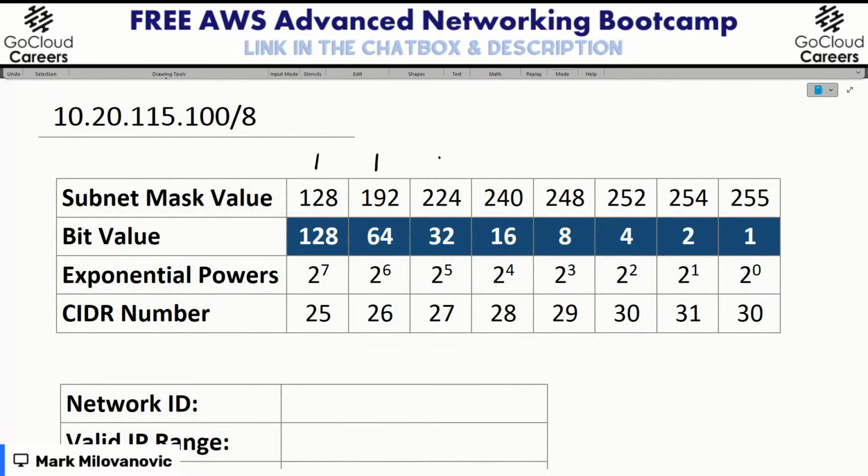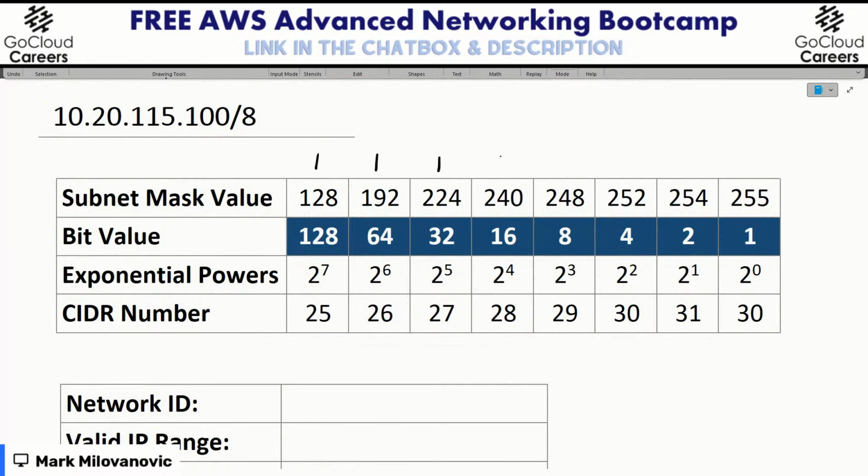Then I want to turn on the next bit. And if you notice, we're doing nothing different than what we did before. We're just paying attention. Whatever is a 1, we're adding to each other. So now I have 3 bits on, so I add 192 to 32, and I get 224.